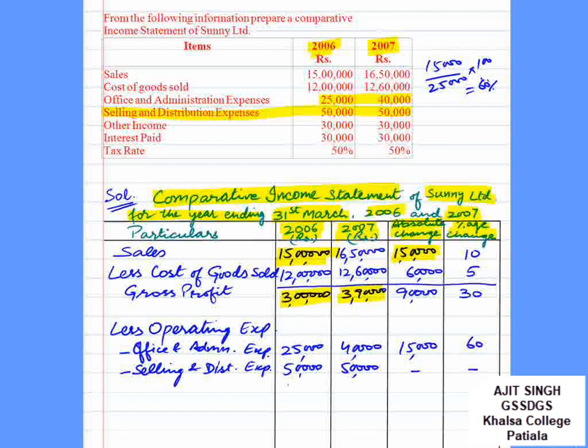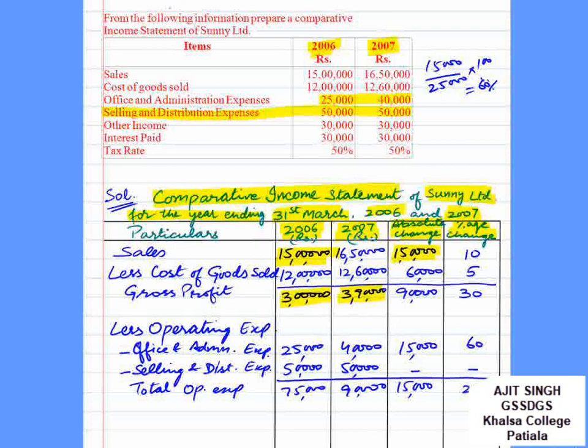Thus, total operating expenses comes to be 75,000 and 90,000 for the year 2006 and 7 respectively, and there is increase by 15,000. This increase comes to be 20% in relation to base year.